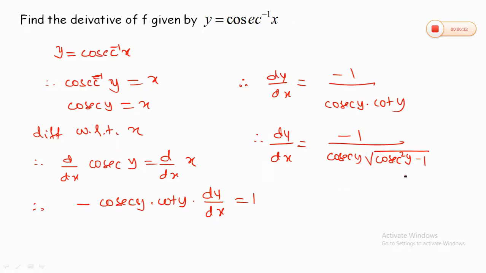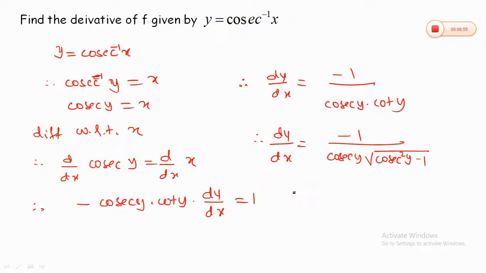It is a first year formula: 1 plus cot square equal to cosec square. Therefore cot square equal to cosec square minus 1, so cot equal to root of cosec square minus 1.